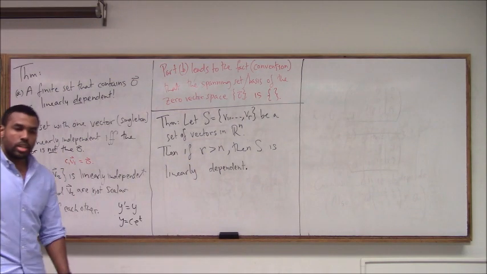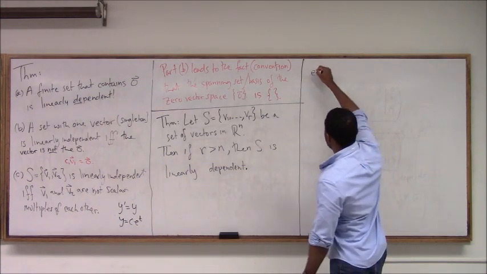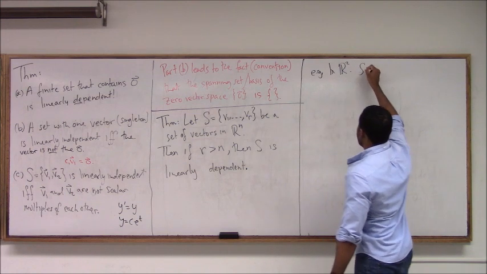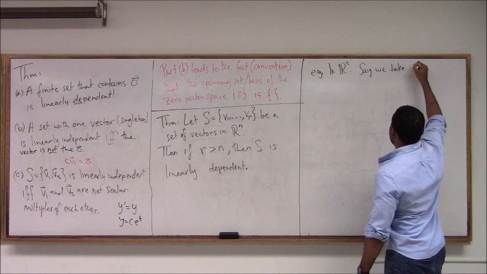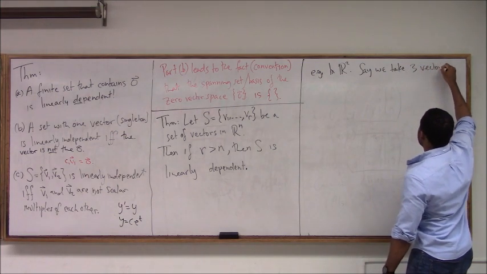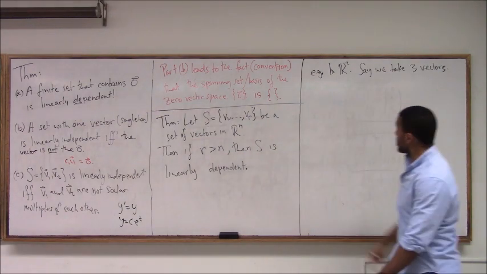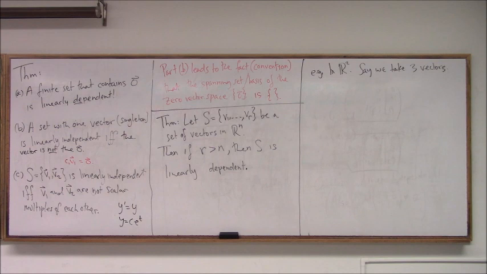Let's make it easier. Let's say I did R2. How would you justify it? For example, in R2, say we take 3 vectors. So the number of vectors is greater than the dimension of the Euclidean space that we're in.